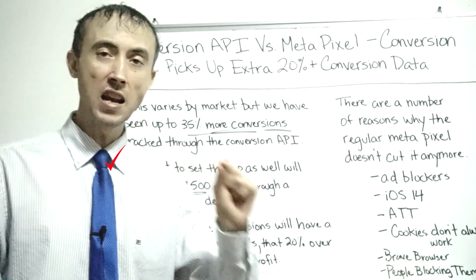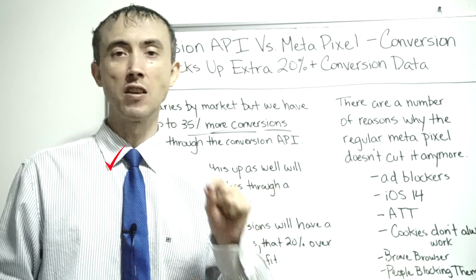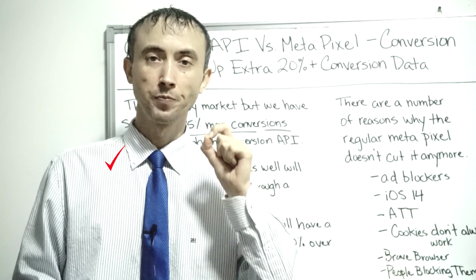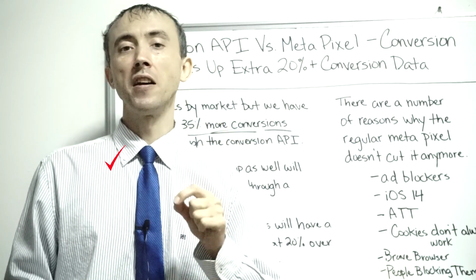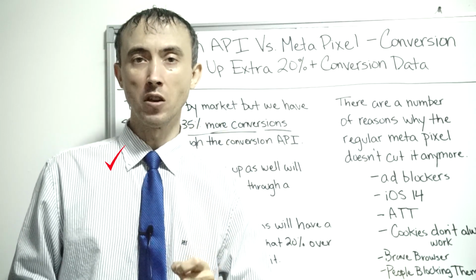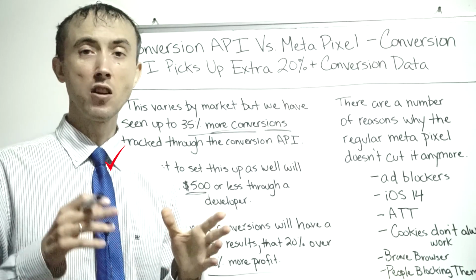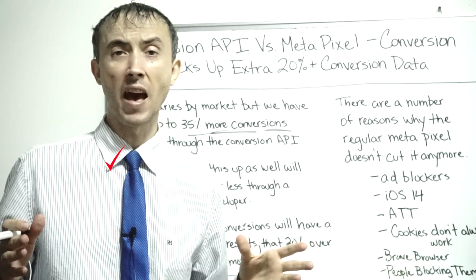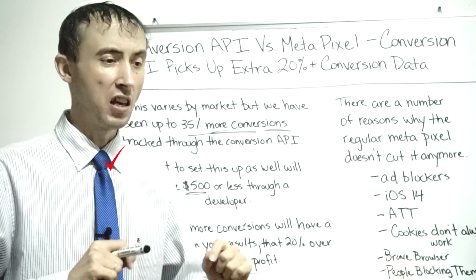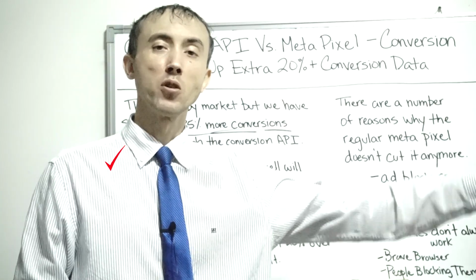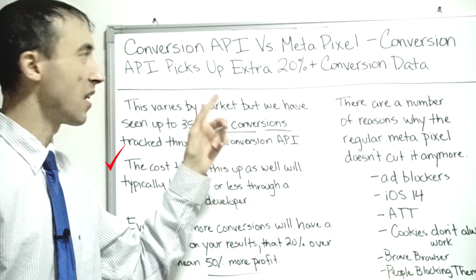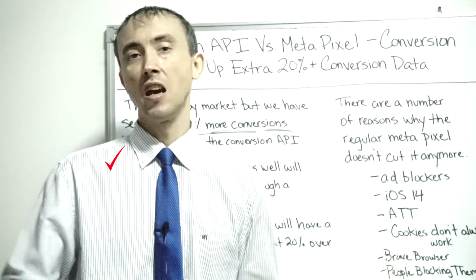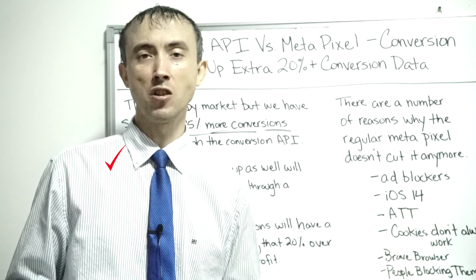The more data, and the better the quality of the data, that you give the algorithm through your conversion tracking, the better the system is going to work for you. Given that half of the whole value of running Facebook ads and the money you spend on it is collecting data so you can get results in the future, not having an extra 20% of conversion data is like taking 20% of the money that you're spending and tossing it directly into the garbage can.